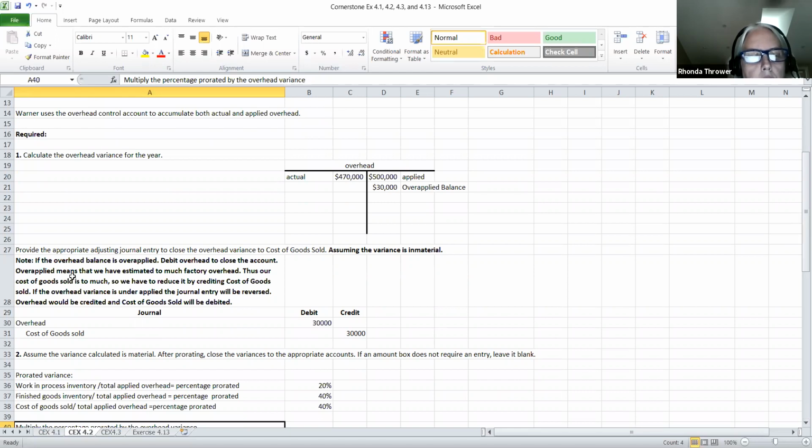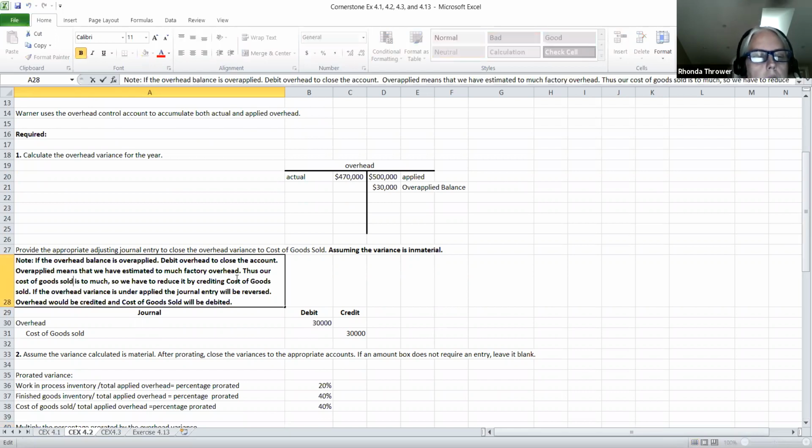I want you to make sure you read this notation here, because this is important for you to understand. If the overhead balance is over-applied, which just means it has a credit balance instead of a debit balance, we will debit the overhead account to close the over-applied. So debit overhead to close the account. The over-applied balance means that we have estimated too much factory overhead.